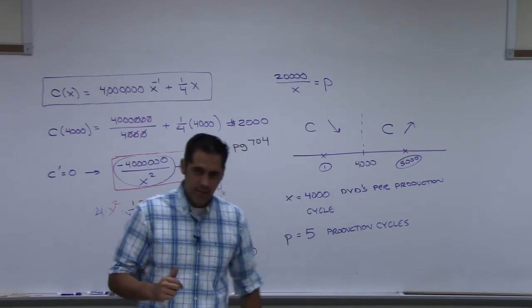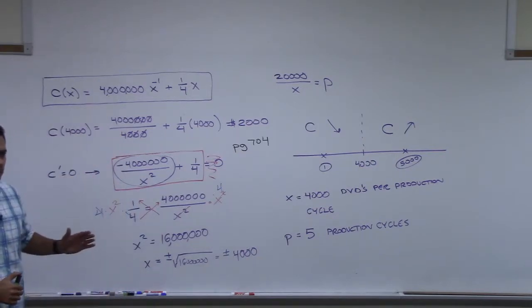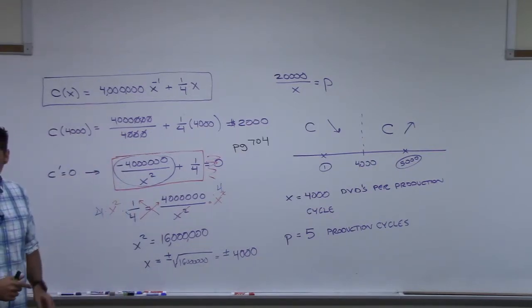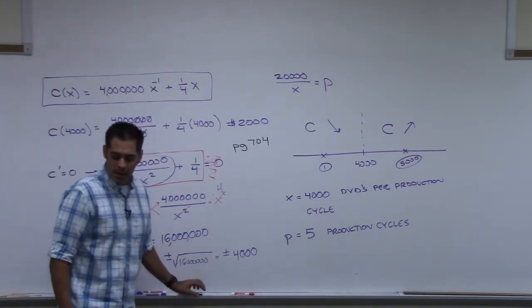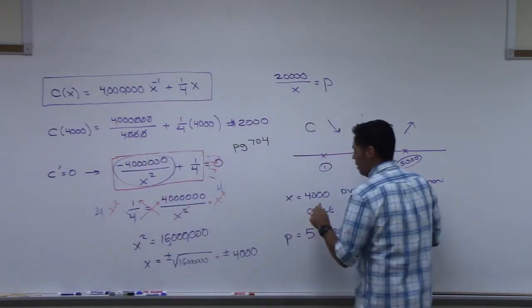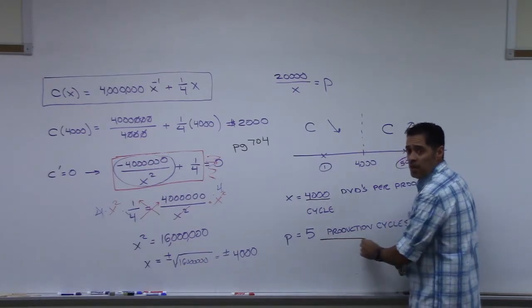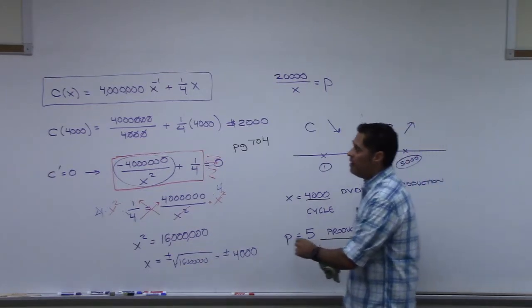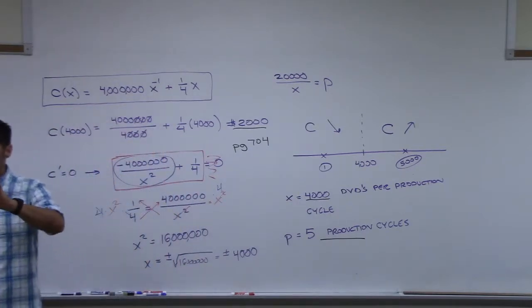You do that. It's the same problem, okay? But they change a couple of the things up in there. And what I would like for your answer is the number of DVDs in each cycle. I also want the number of production cycles you're going to have, and I want the cost. So it's only going to want one answer, but I want all 3, okay?